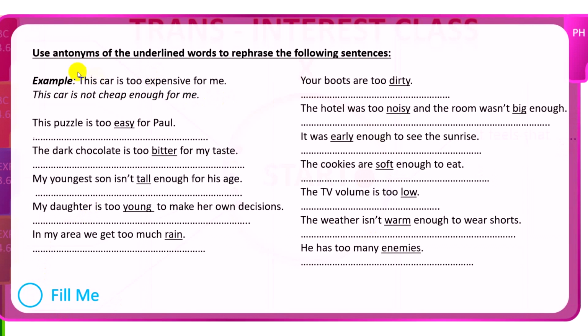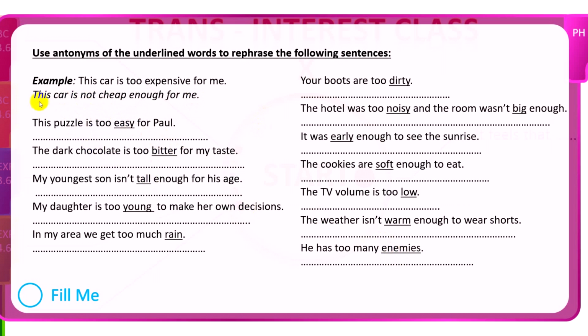And then, here is the use of antonyms of the underlined words to rephrase the following sentences. You can do this. This is the example. This car is too expensive for me. This car is not cheap enough for me. So the instruction is you use the antonym of easy, so difficult, bitter, so sweet, and then so on till the last.